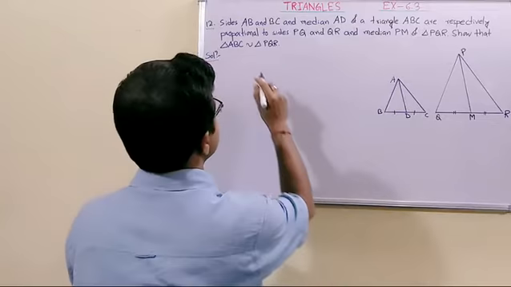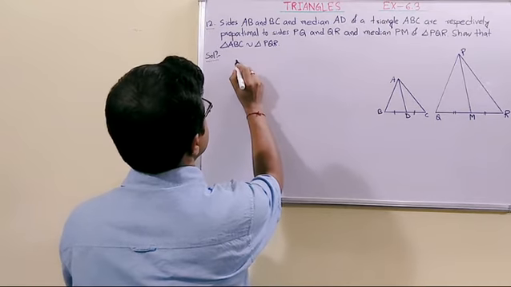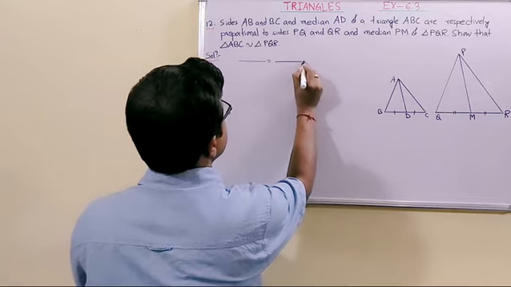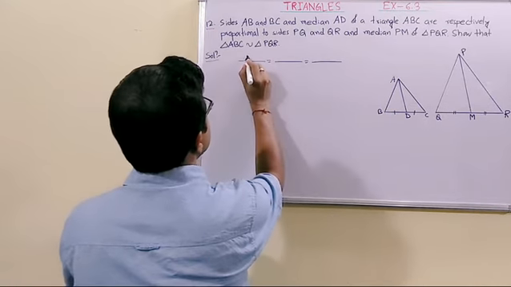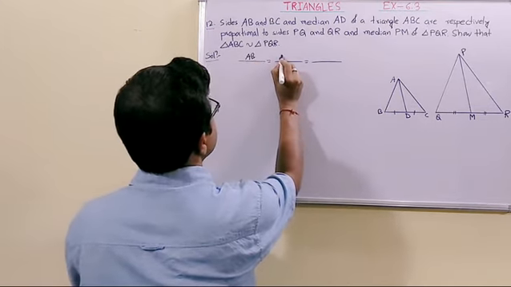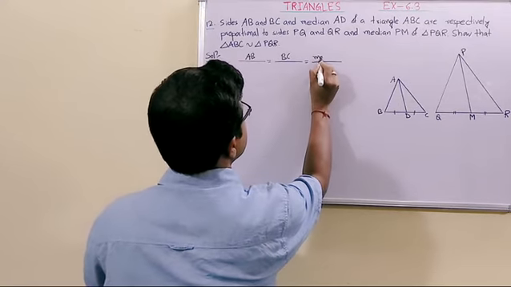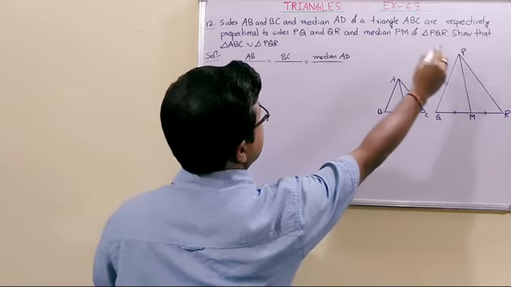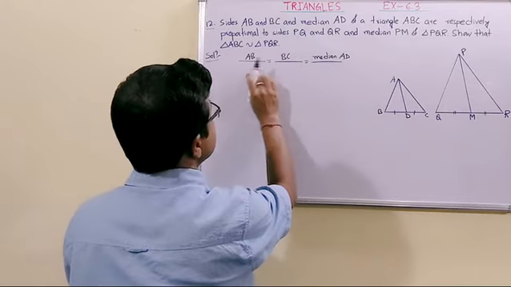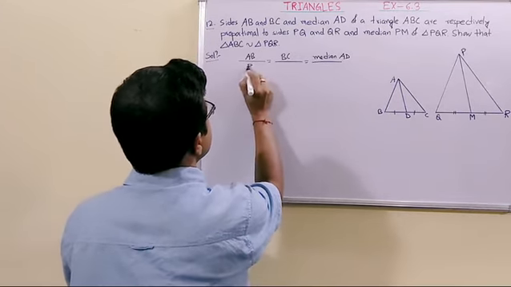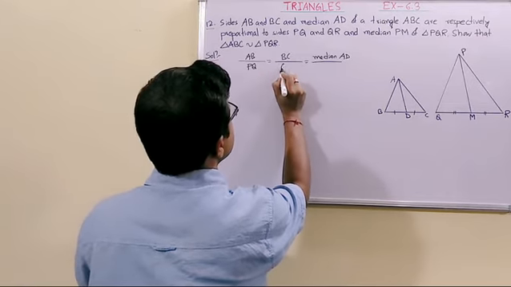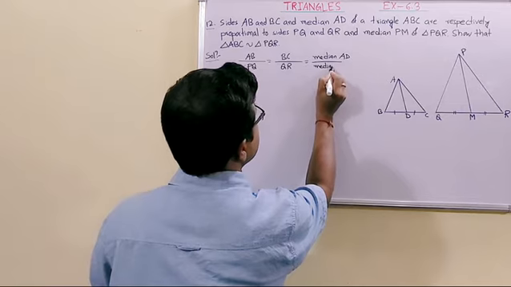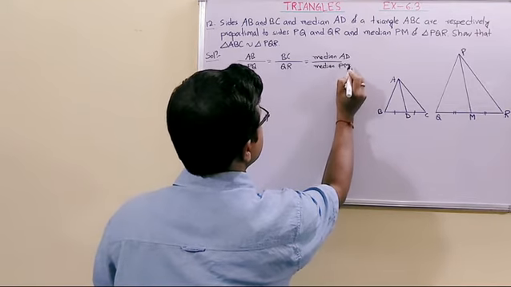Let us see. Now here what is given? From there let us start. Here it is given that three ratios are equal. What is that? AB, BC, and the median AD of triangle ABC are respectively proportional, meaning the ratios are equal, to the sides PQ, QR, and median PM of triangle PQR.